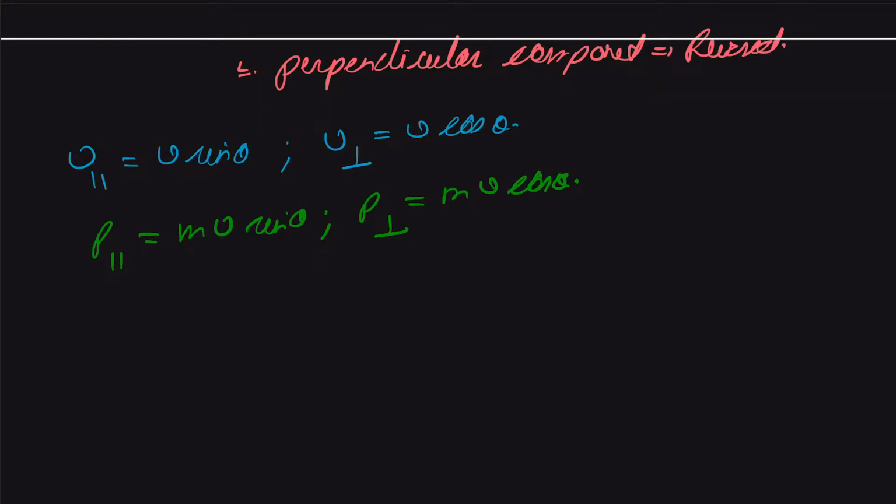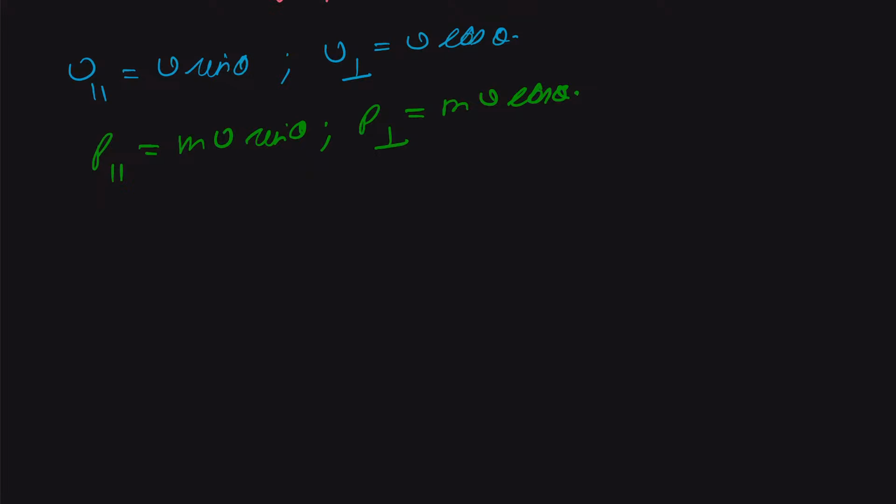We know that the parallel momentum cannot change, only the perpendicular momentum is going to change. Therefore, after collision, P parallel prime is equal to P parallel, or mv prime sine theta prime is equal to mv sine of theta.